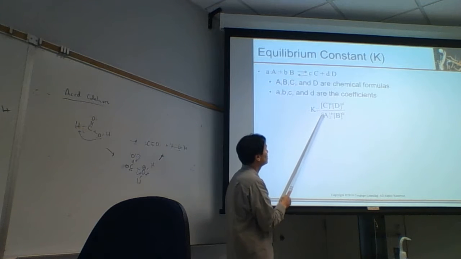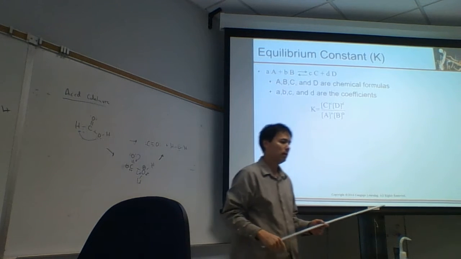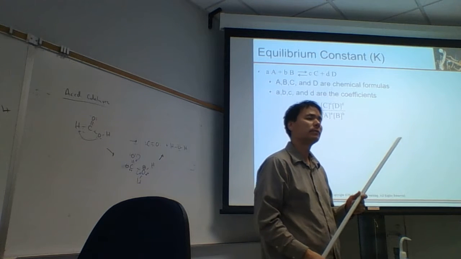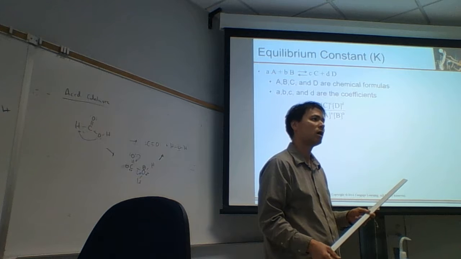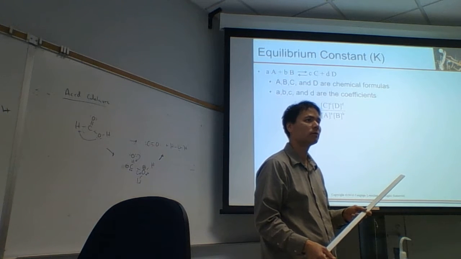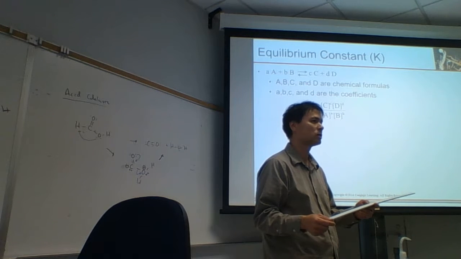The equilibrium constant tells us the ratio of products over reactants. So K, remember what was it called? Kw? That's the equilibrium constant for water. Was that a big number or a really small number? It was a small number. It's 10 to the minus 14.